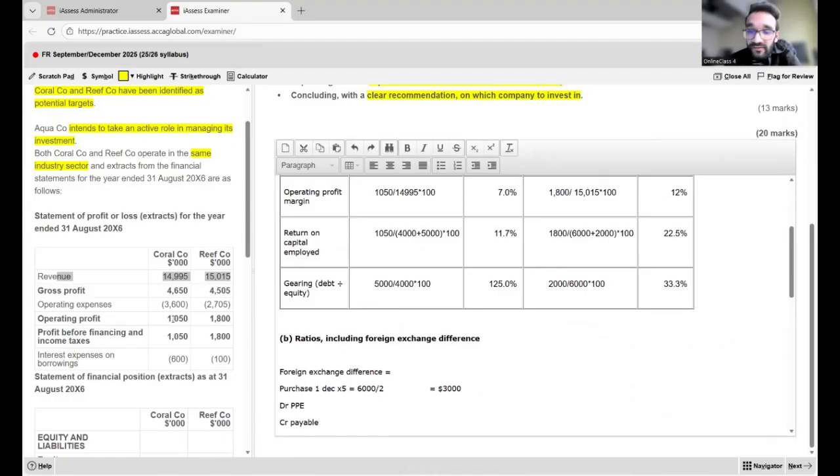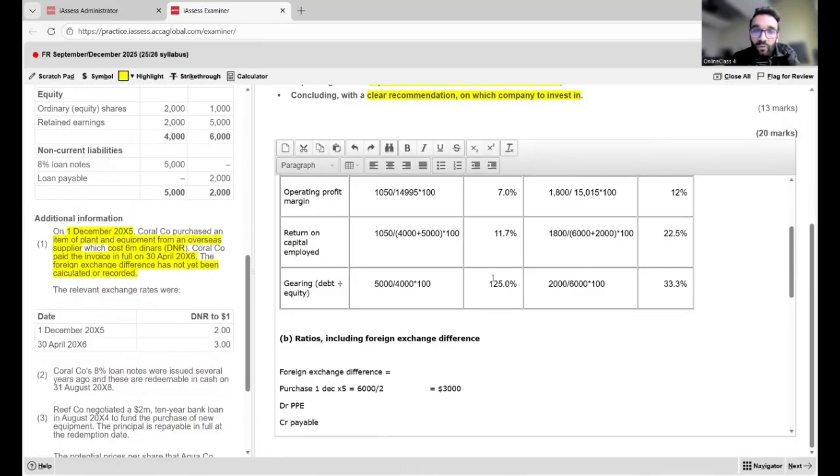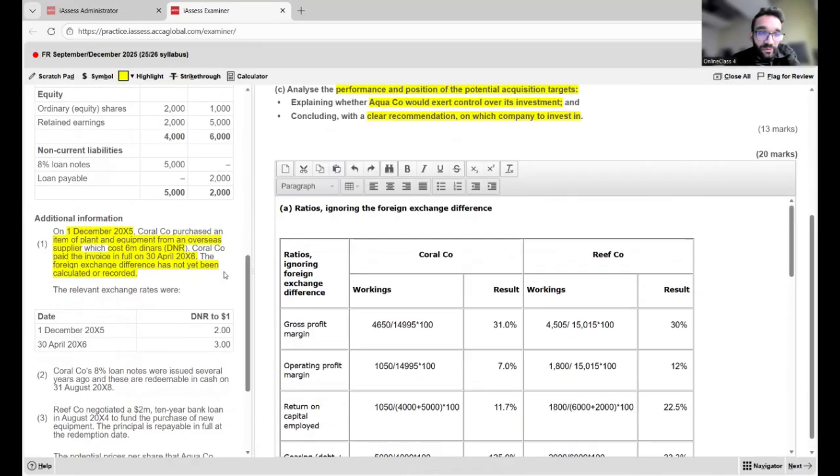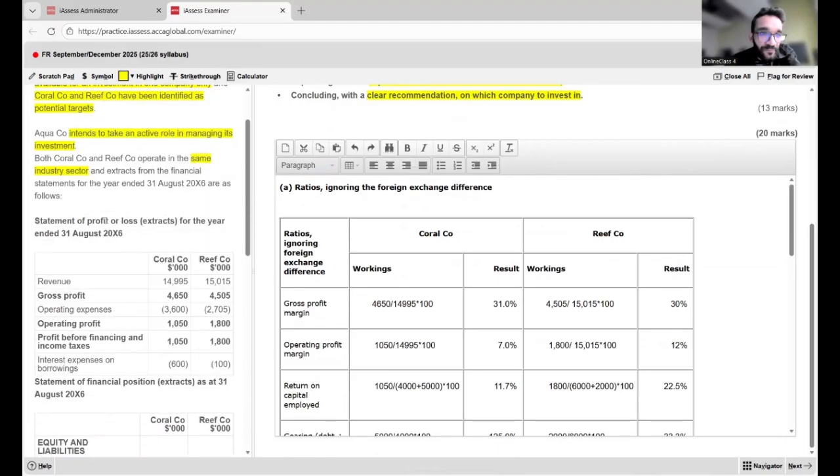Now, if we can talk about the position before moving forward to the gearing ratio, Coral company is having an 8% loan note from several years ago, and it is going to be repayable now. What is the year? It's X6.